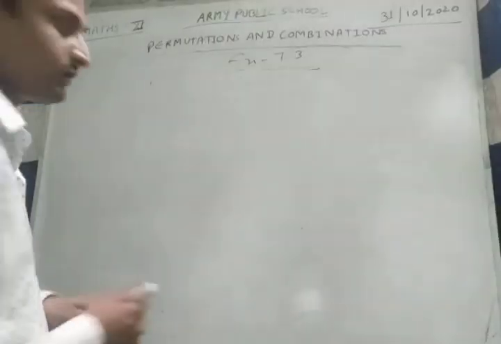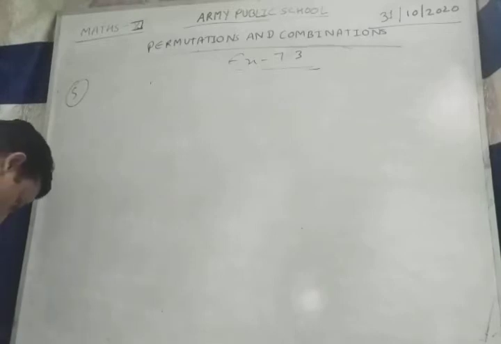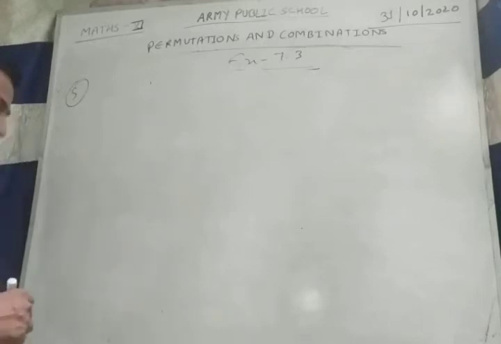Next question is question number 5. From a committee of 8 persons, in how many ways can we choose a chairman and a vice chairman, assuming one person cannot hold more than one position?